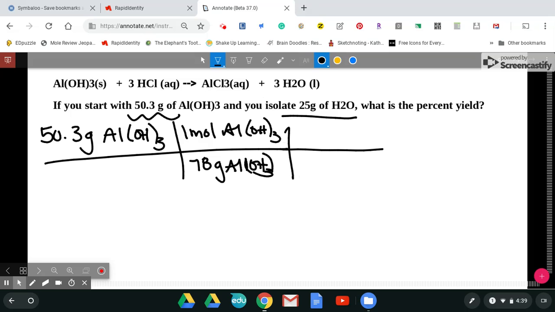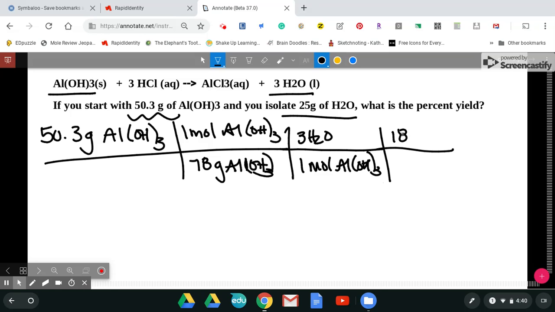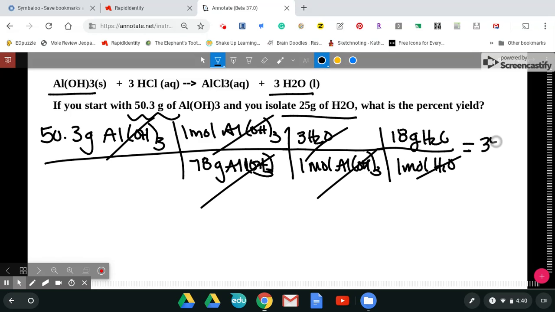I'm looking for water, so 3 moles of H2O over 1 mole of aluminum hydroxide, which is what I had. Change this to grams, so 18 grams of water over 1 mole of water. All of this cancels out, and I am left with 34.8 grams of water. So this is my theoretical yield.